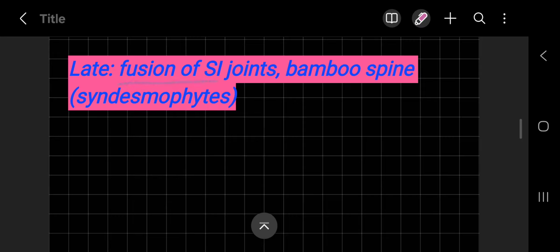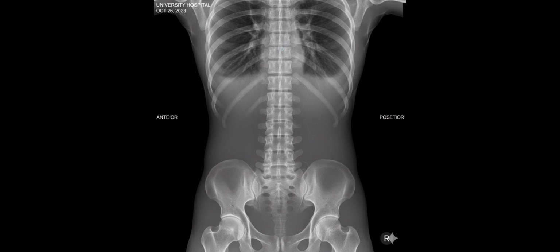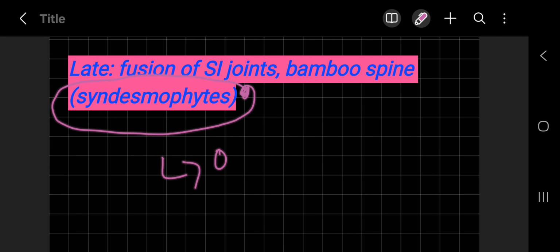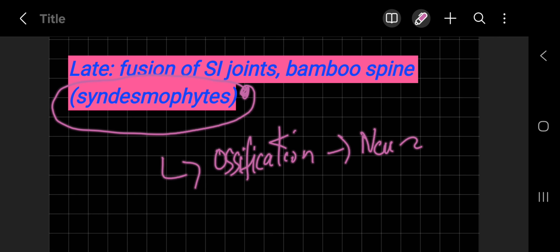Late fusion of the sacroiliac joints is seen. The gap between sacrum and ilium is reduced. Bamboo spine is seen. This bamboo spine forms due to syndesmophytes, and these syndesmophytes are found because of ossification of the nucleus fibrosus.